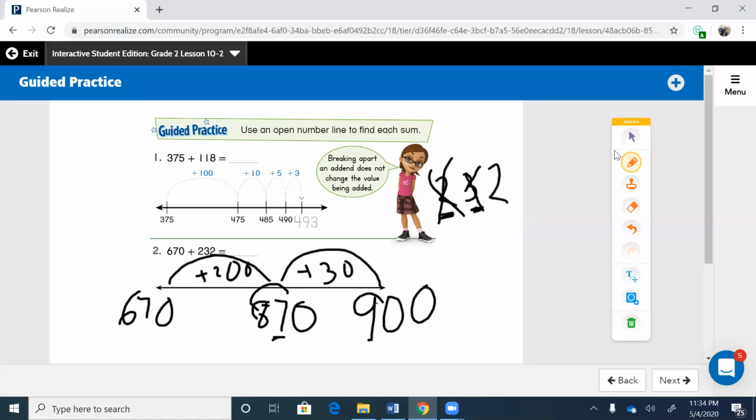Now we are dealing with the 2 ones plus 2 is 902. Okay, so that's how you do it. You just have to figure out when you do these problems what's gonna work best for you. Okay, so I made bigger jumps, and I'm probably gonna continue to do the bigger jumps because it's just easier. But if you need to take it one by one and make small jumps, that's fine too.